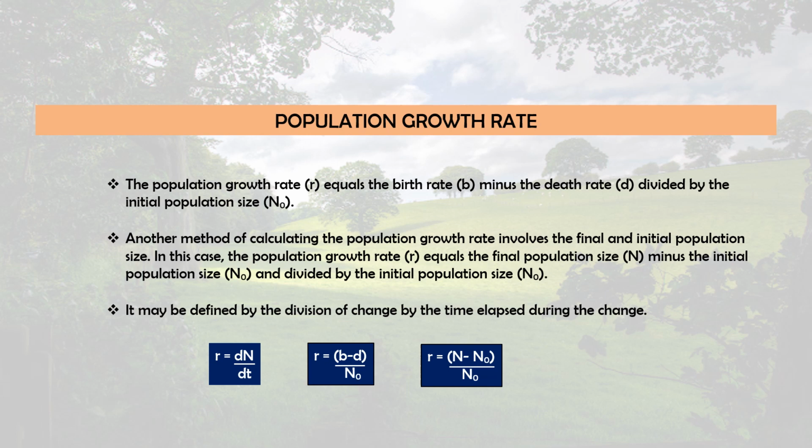If we want to find the specific growth rate, then we divide dN by dt with N, capital N, the final number of organisms. And when we want a percent growth rate, we get it through the formula dN by dt by N, into 100.